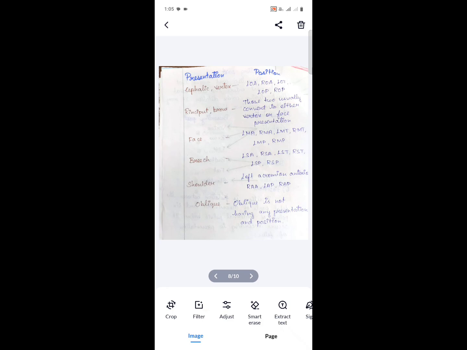These four positions are present in shoulder presentation. And oblique does not have any presentation or positions available.